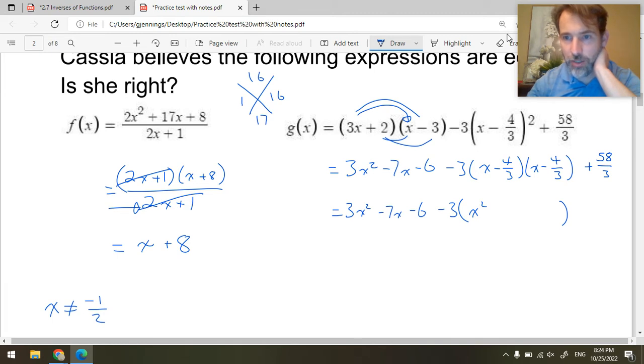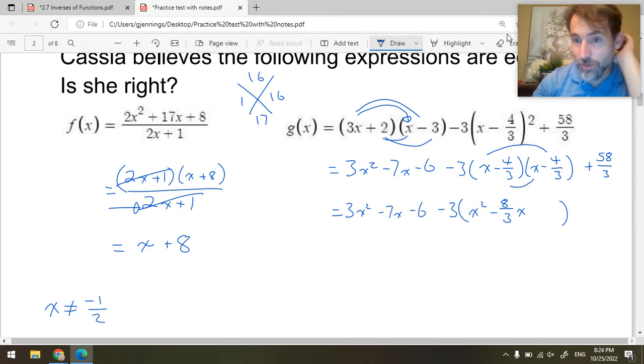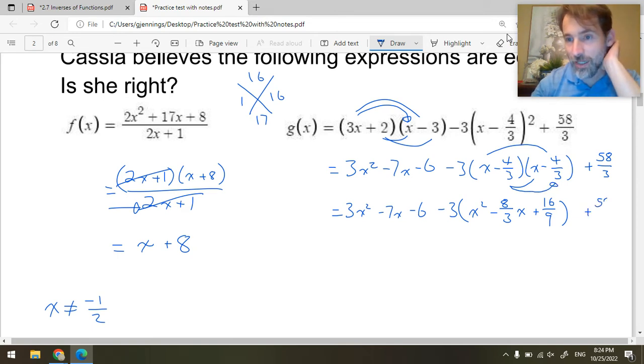And x times minus 4/3 plus minus 4/3 times x will be minus 8/3 x. Okay, that's this plus this. And then negative 4/3 times negative 4/3 is positive 16 ninths. That's this times this, okay? And then still plus 58 over 3.